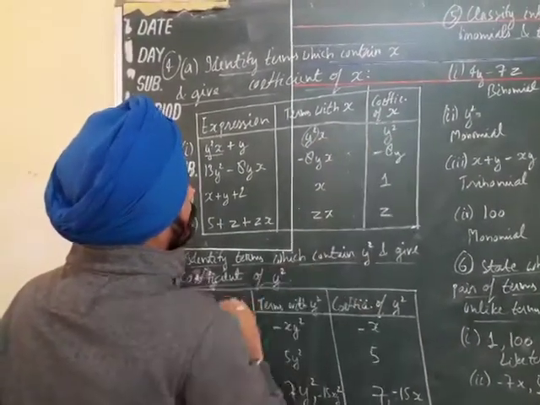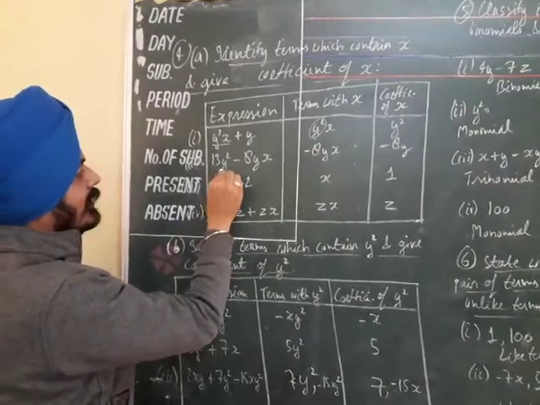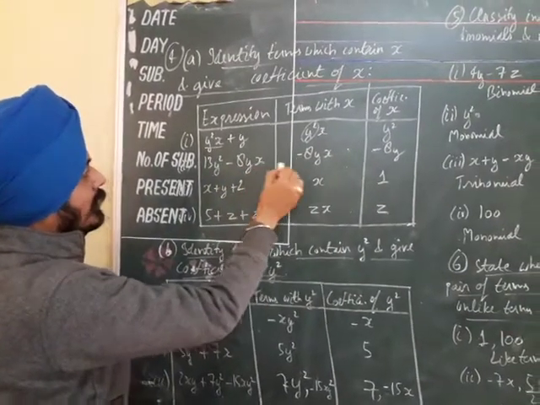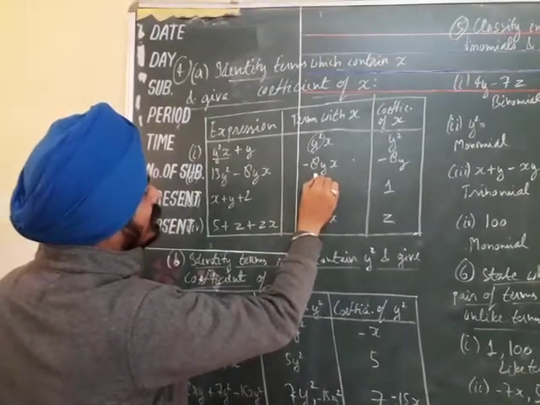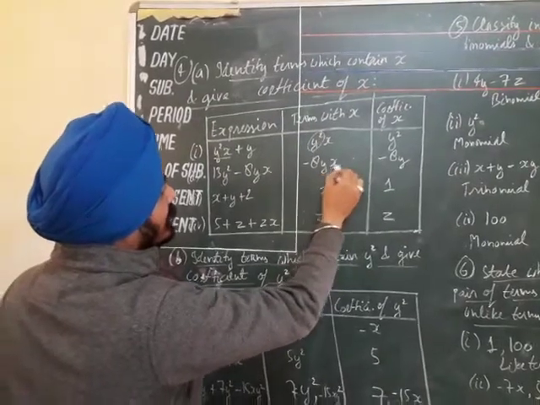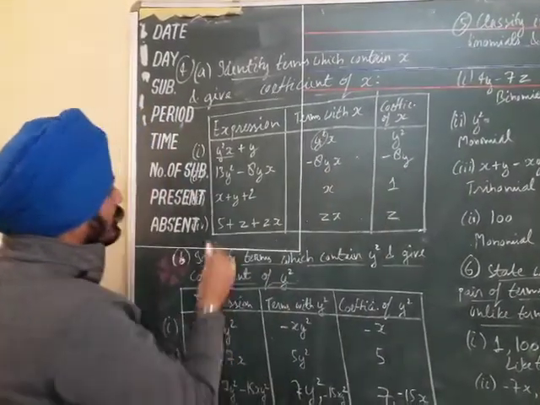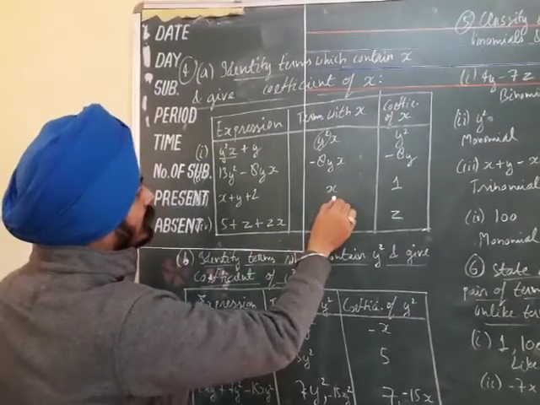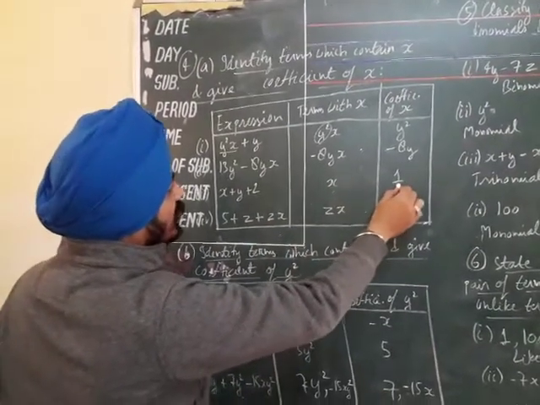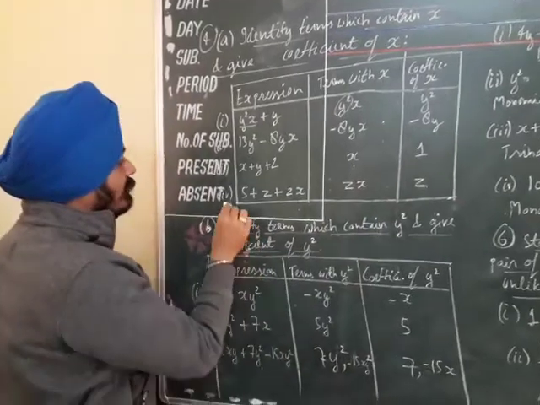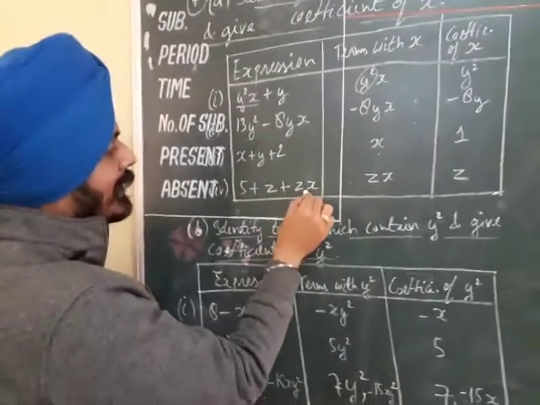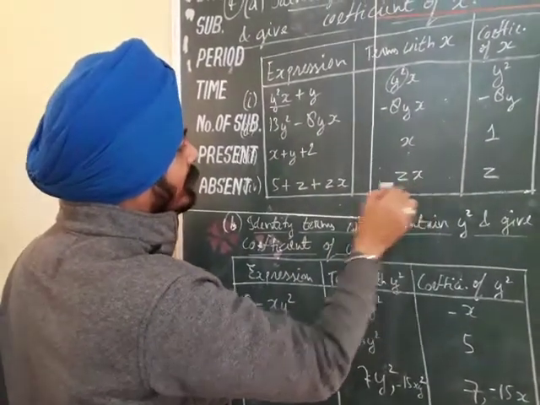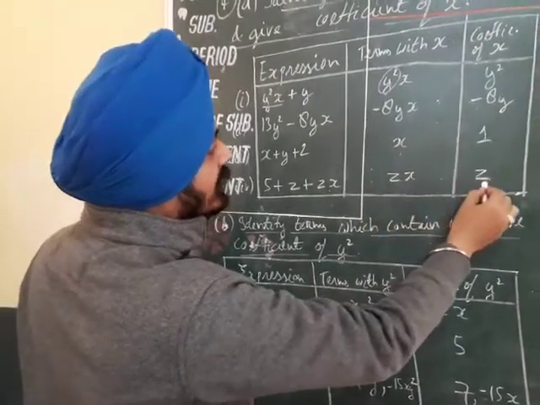The second is 13y square minus 8yx, the term with x is minus 8yx and the coefficient of x is minus 8y. Third part x plus y plus 2, the term with x is only x and the coefficient of x is 1. Fourth part 5 plus z plus zx, the term with x is zx and the coefficient is z.